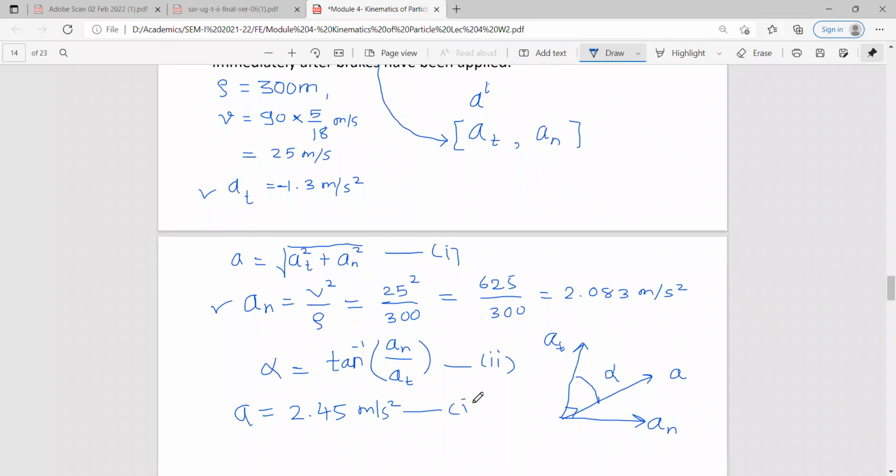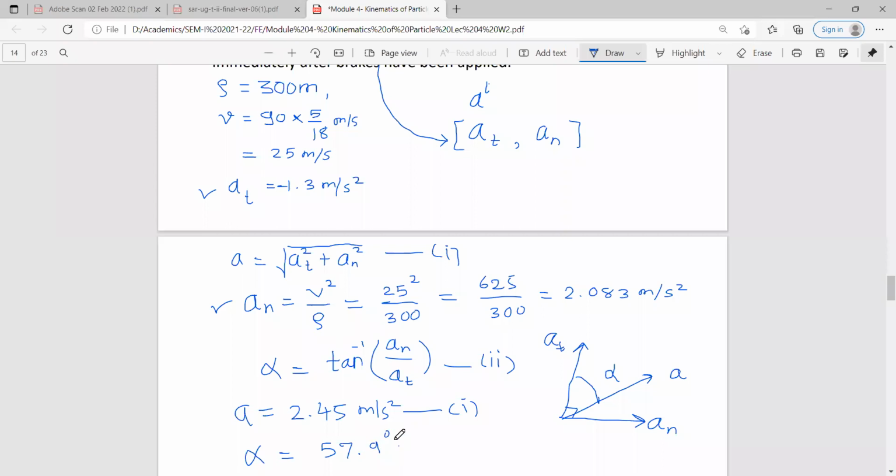So that's your answer, and then you have the angle also, alpha angle to calculate. 57.99 degree. 58.026.